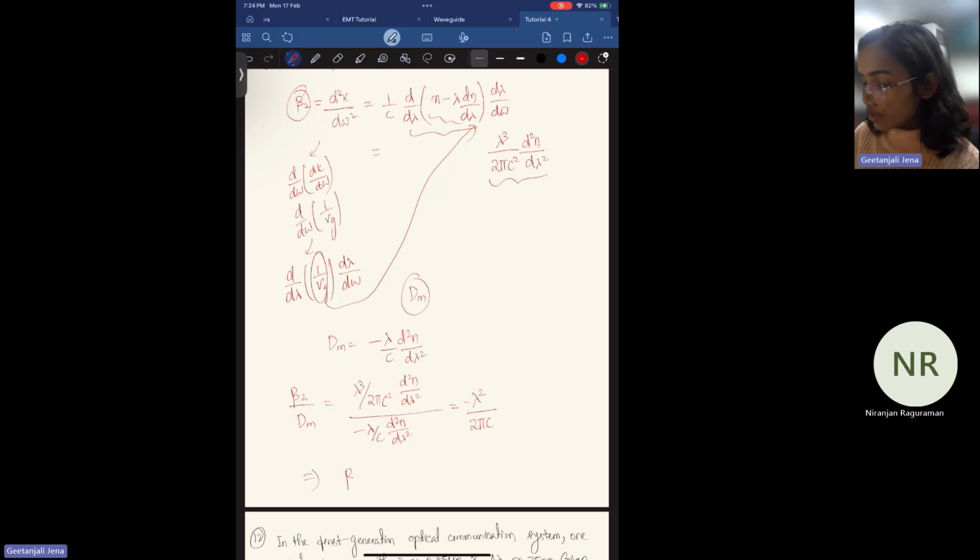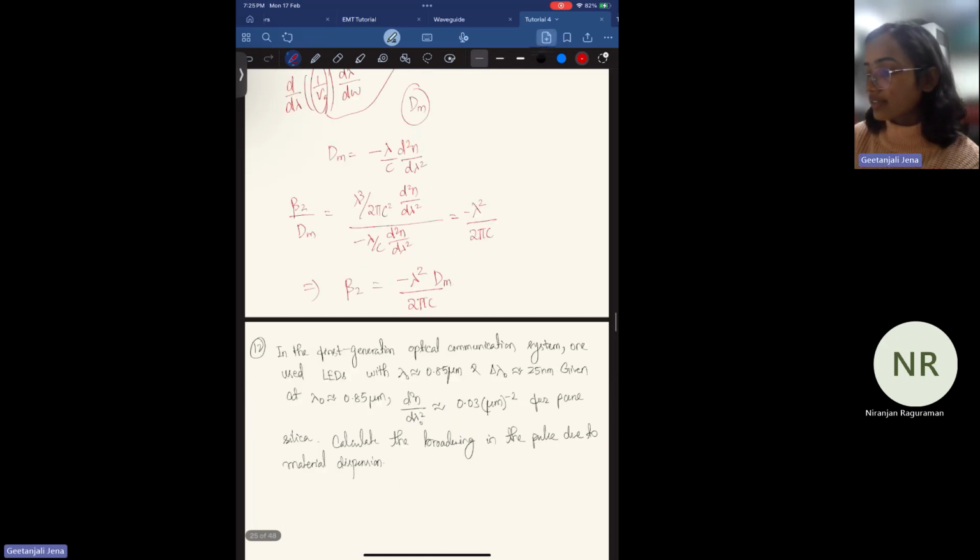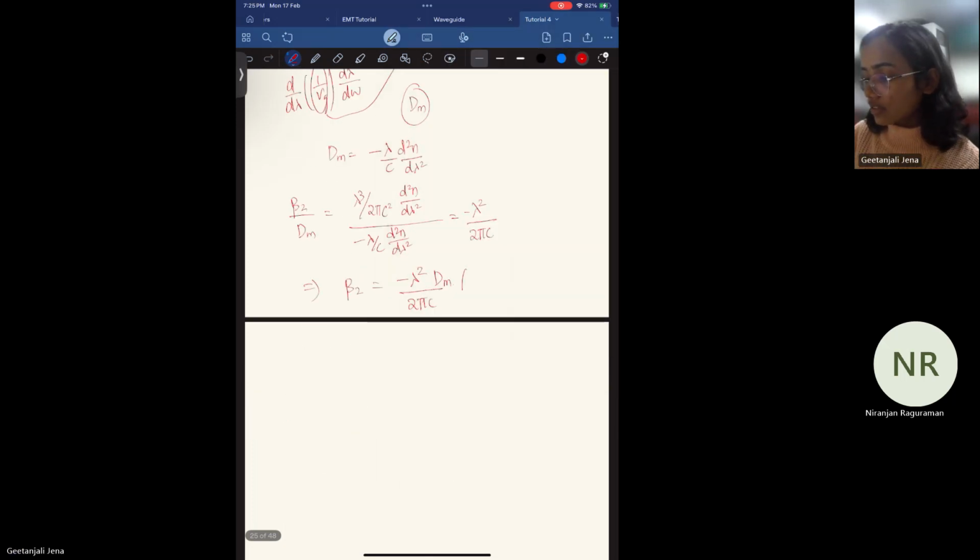So that means beta 2 will be minus lambda square by 2 pi c dm, and the unit will be picosecond square per kilometer. This is beta 2. And we know dm, 2 pi c, and we can calculate lambda. Because of the group velocity dispersion coefficient, what is the temporal width?